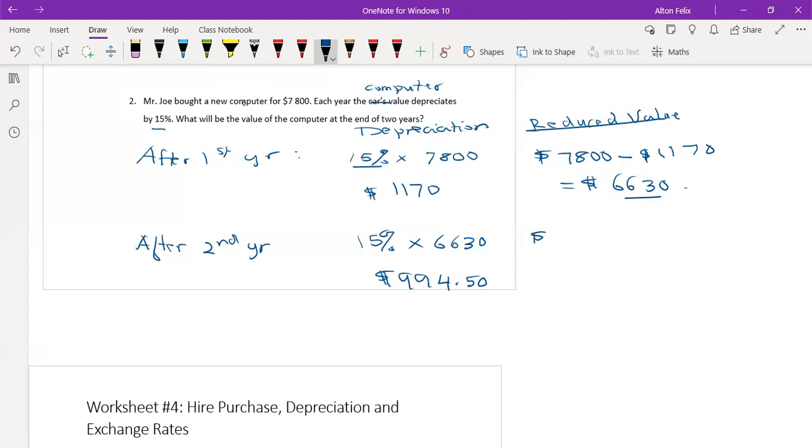So let's find the reduced value of the computer after the second year. You will take your 6630 minus 994.50. Let's work on it. $5,635.50.